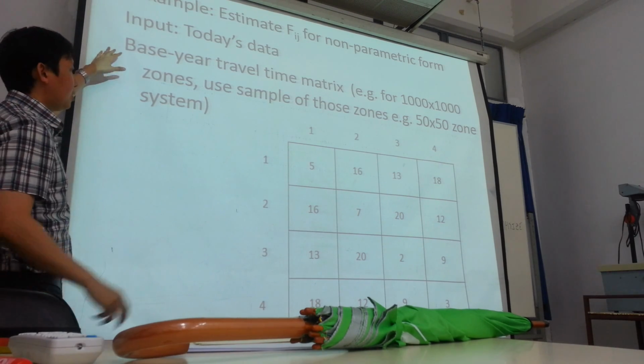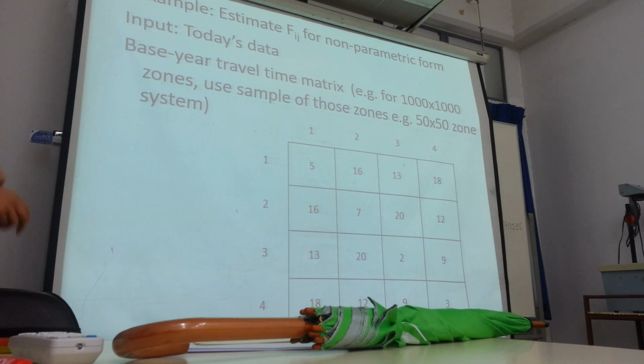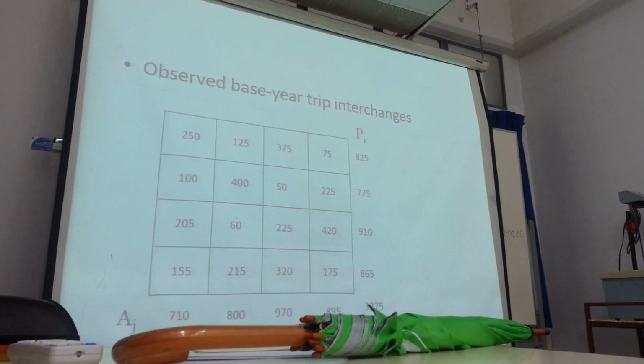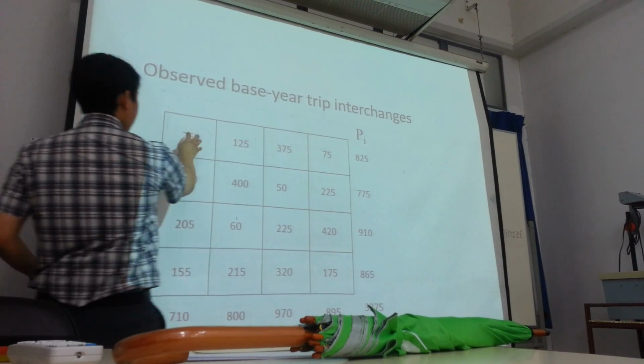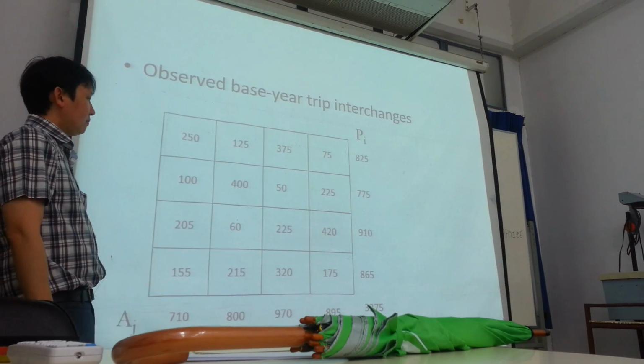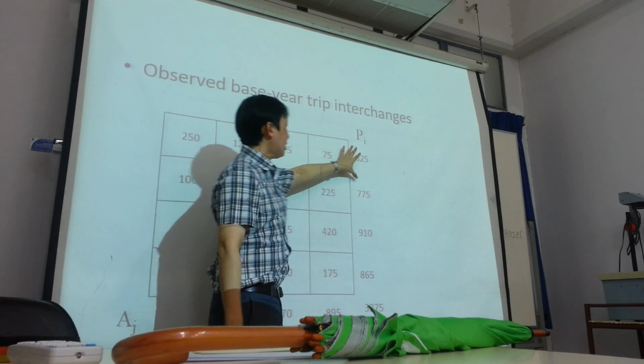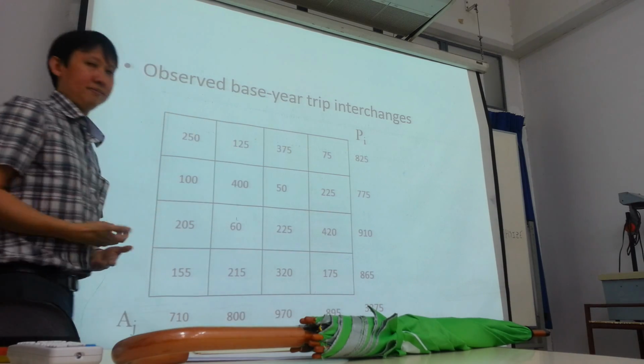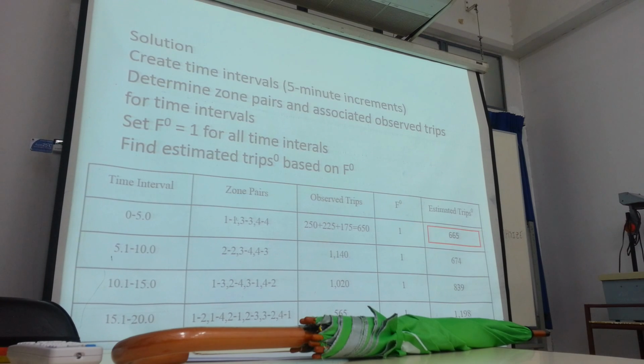The input is today's data. The base year travel time matrix is what we must have. The observed base year trip interchange is the matrix between any two zones. We also get the productions and attractions for the base year. This is the first step: create time intervals.